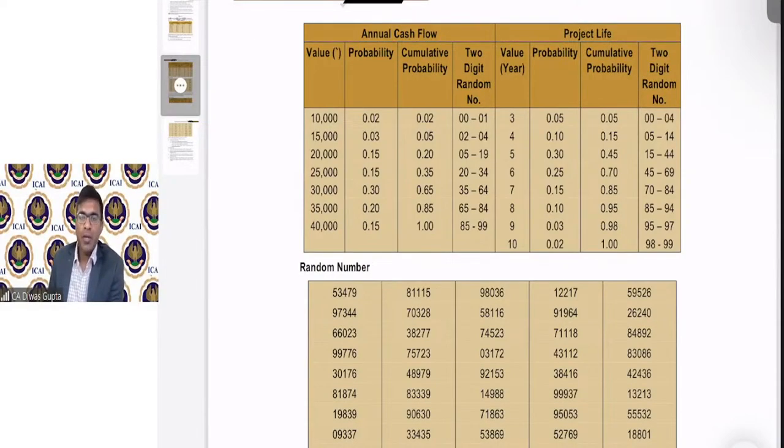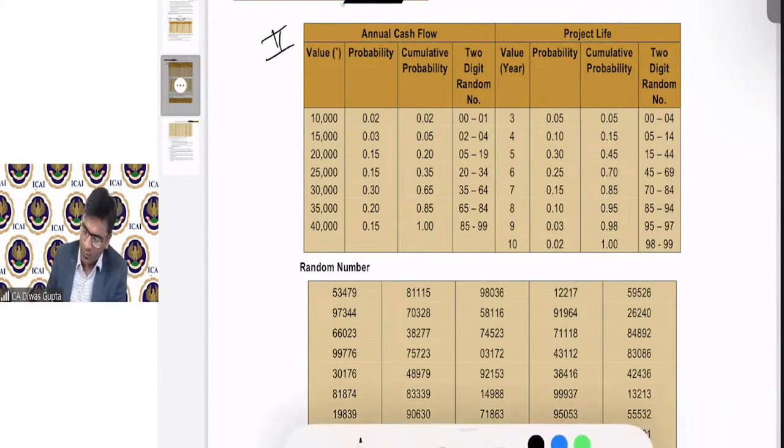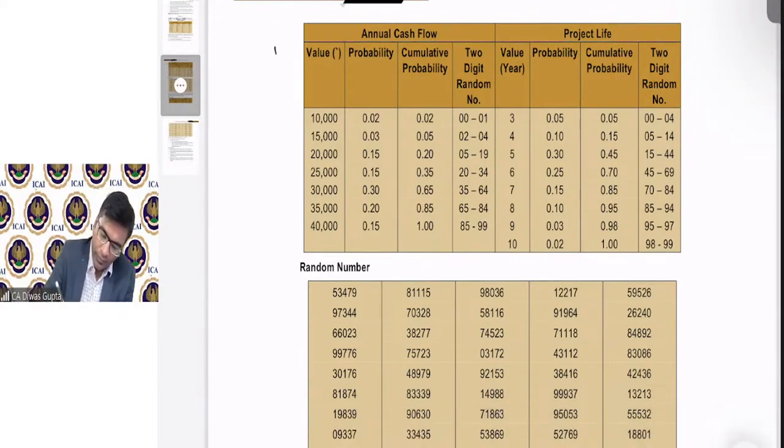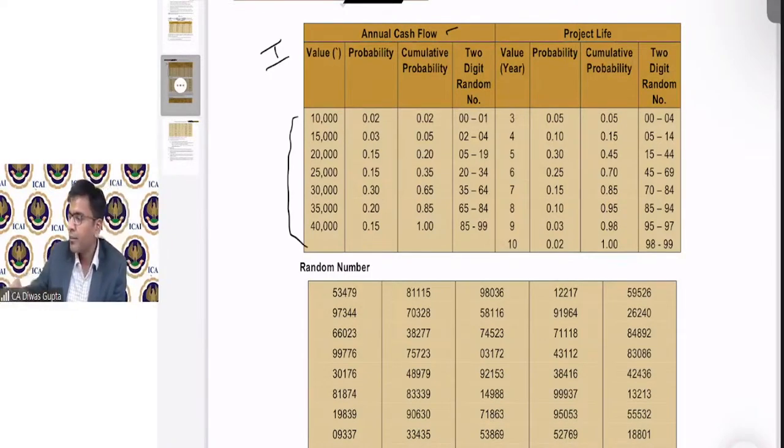So if you try to see in this table, the first table here, what has been done is that the values have been plotted. Just focus on the annual cash flow. The values have been taken, the probabilities have been plotted, right?